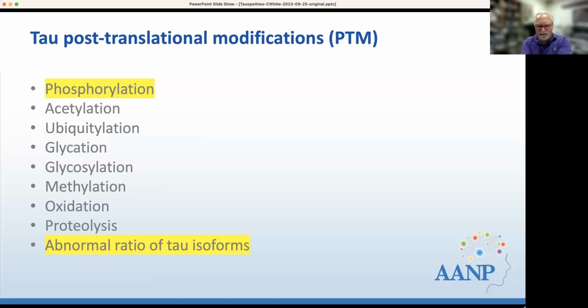And we can use antibodies to phosphotau to identify the lesions in the tauopathies. Similarly, antibodies to the tau isoforms can be used to identify the post-translational modifications that result in abnormal ratios of the 3R and 4R tau isoforms in some conditions.